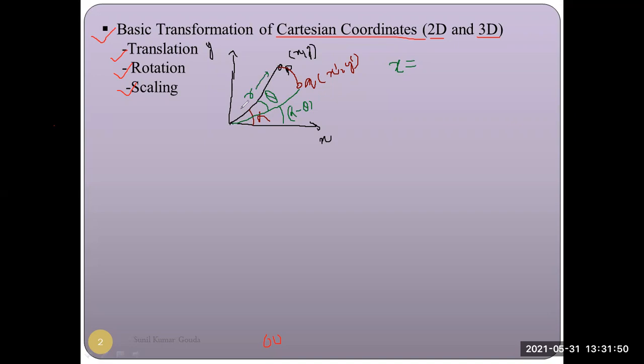Then I can write x equal to r cos alpha, and similarly y equal to r sin alpha. This is called polar coordinate.